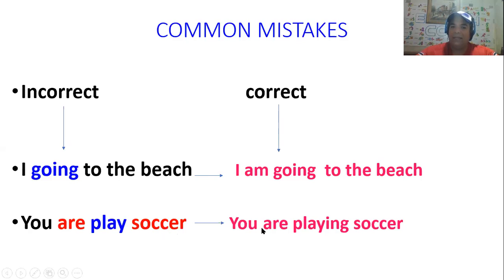The correct form is you are playing soccer. Tú estás jugando fútbol. So guys, these are the very common mistakes when we start using this structure. Take this into account, not to make these mistakes, and write your sentences correctly.